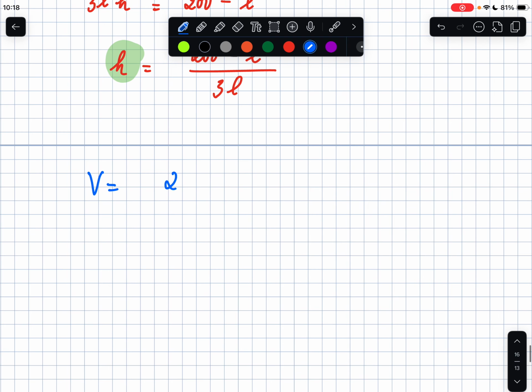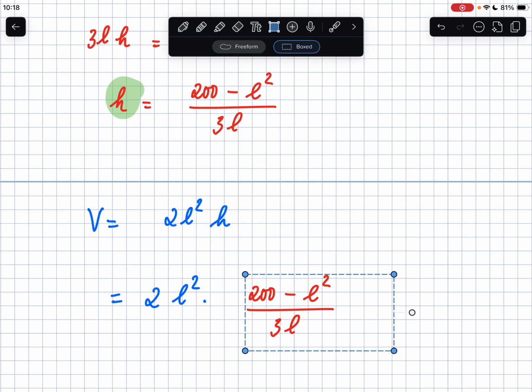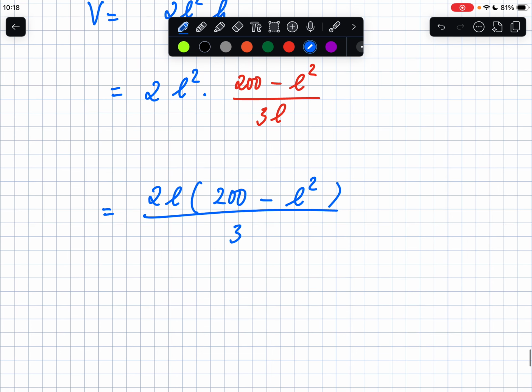Substituting the height, L squared divided by L leaves length, so V equals 2 times length times (200 minus length squared) over 3, which is 2 over 3 times (200 length minus length cubed). This is our volume, and this is a function of length.